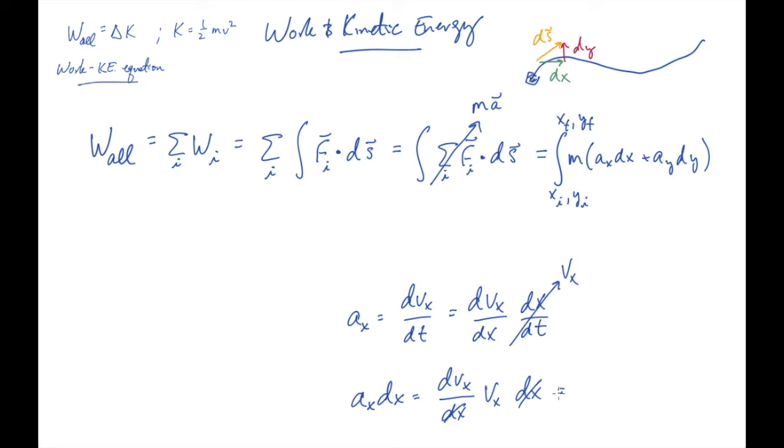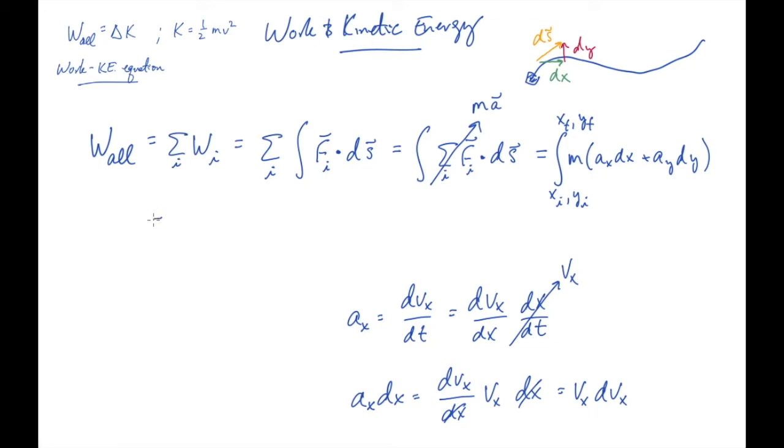These in effect cancel so that ax dx can be rewritten as vx dvx. We have changed the integration variable. Whereas we used to integrate over the path, the positions, now we're going to integrate over the velocity components at points along the path. Let's write it out and we'll see this.